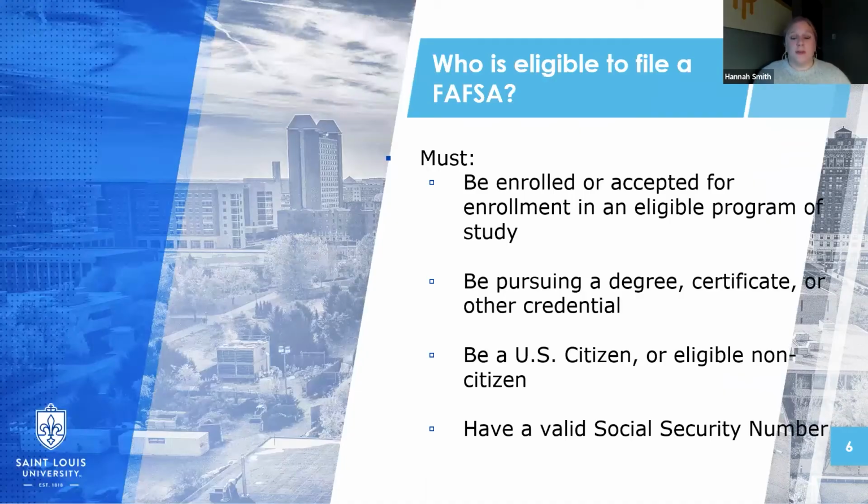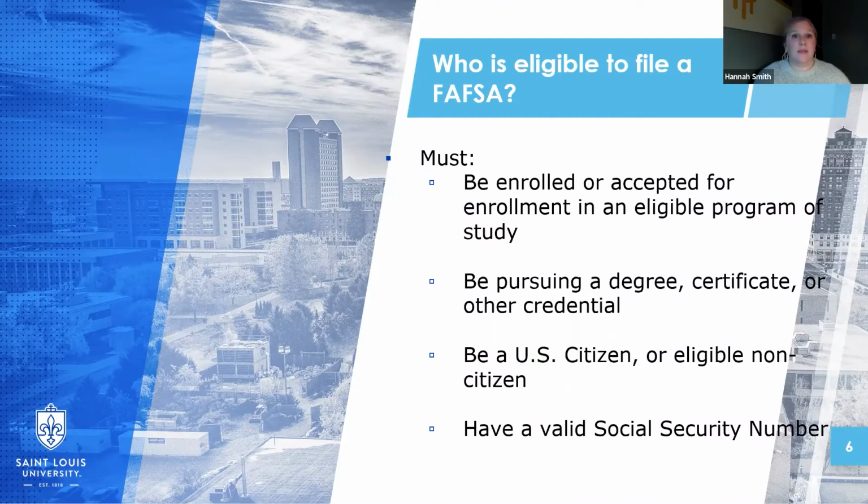There are some eligibility criteria for folks that would be eligible or ineligible to file the FAFSA. And these first two are really things that you don't have to worry about. If your student is planning on attending an accredited university, they're going to be enrolled in an eligible program of study. This doesn't mean that they have to be admitted to a school before you can add them to the FAFSA or submit the FAFSA.